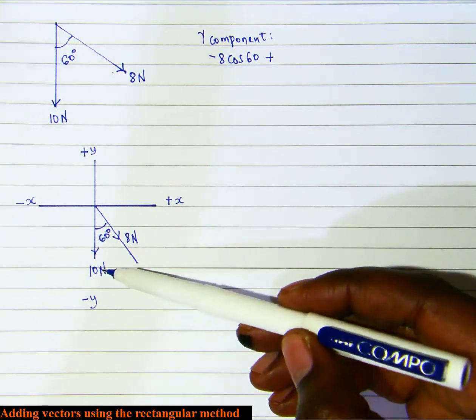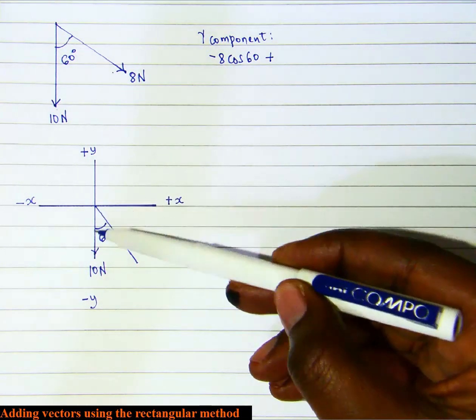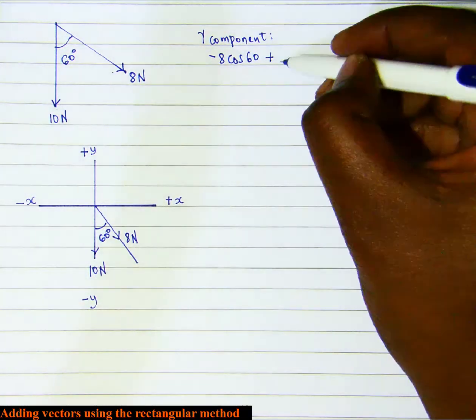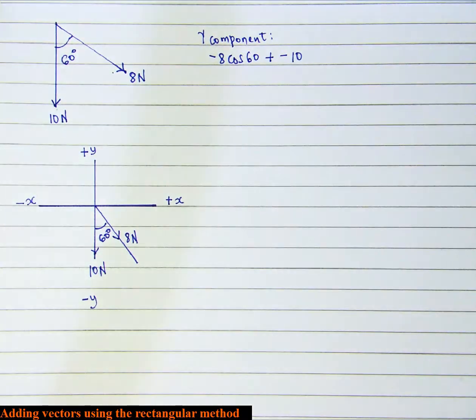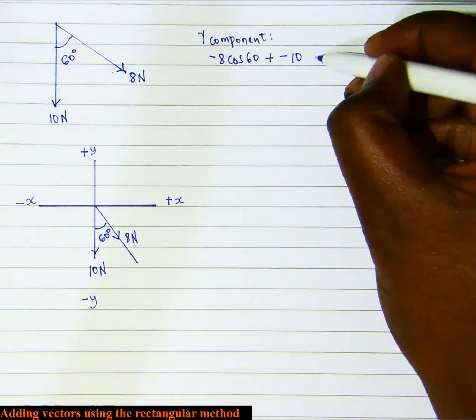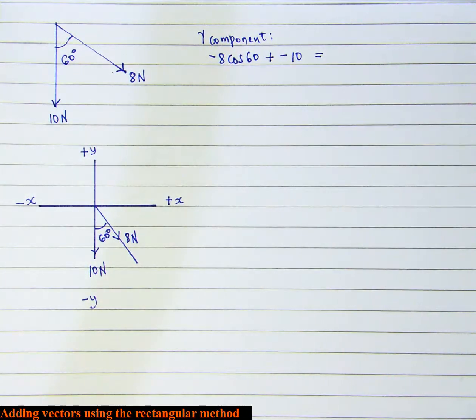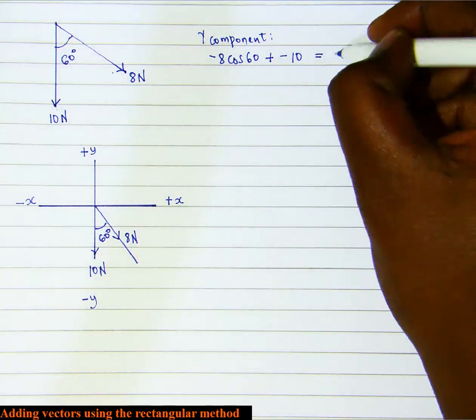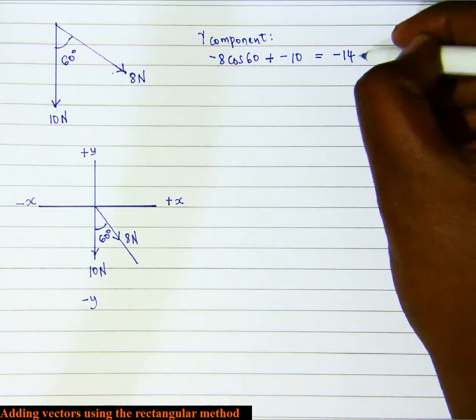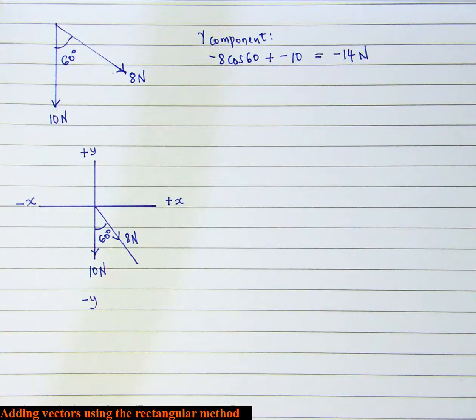We then look at the second force, and it's already entirely on the y axis, therefore we just say plus negative 10. This totals up to negative 14 newtons.